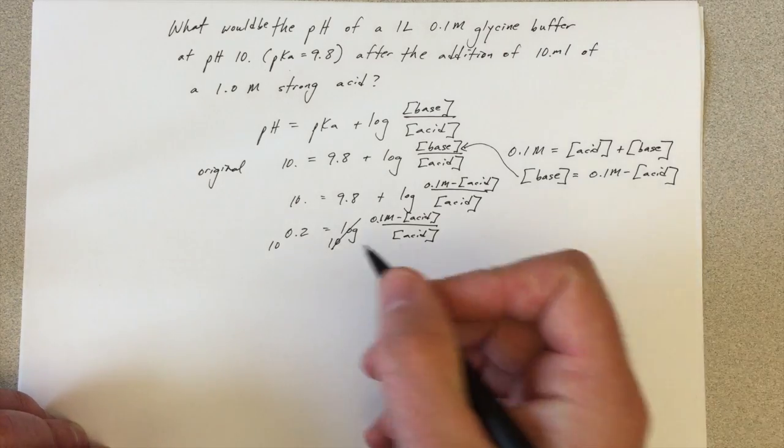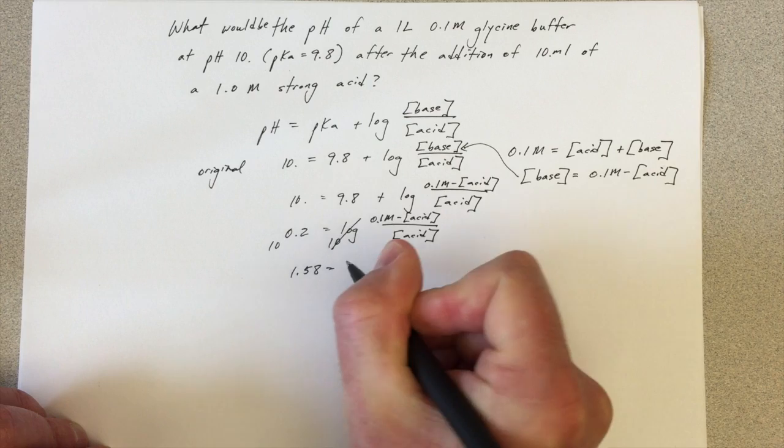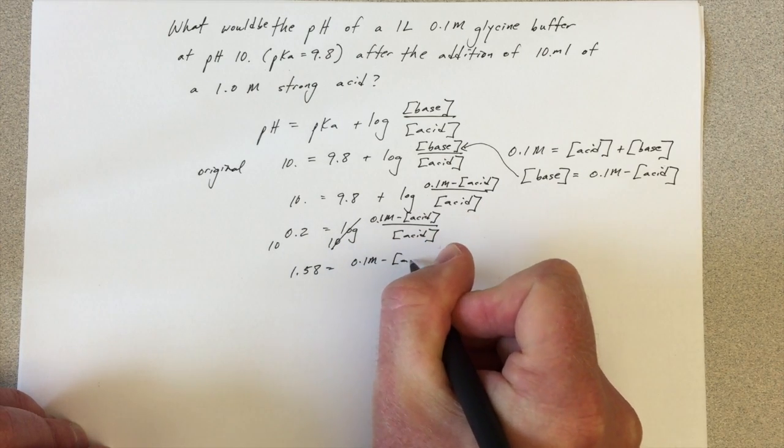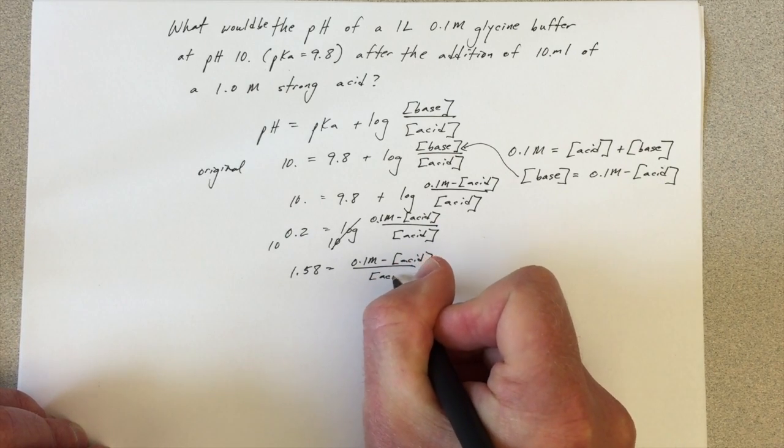There we go. 1.58 equals 0.1 molar minus the concentration of acid, over the concentration of acid.